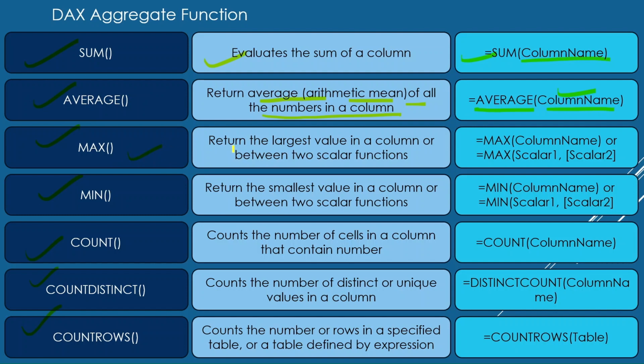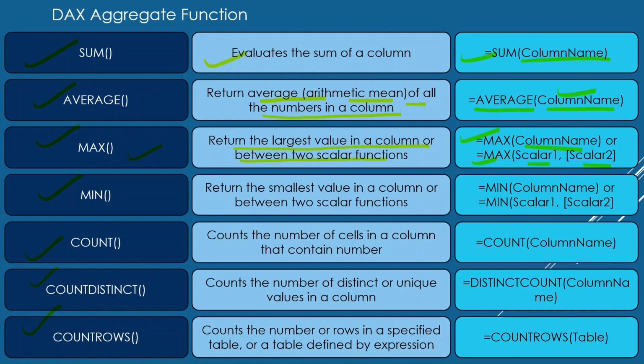This is the max. It returns the largest value of a column or between two scalar functions. So this is the syntax. One is max with a column name, or max with scalar functions. So suppose we have a column and we want to figure out what is the maximum value present in that column.